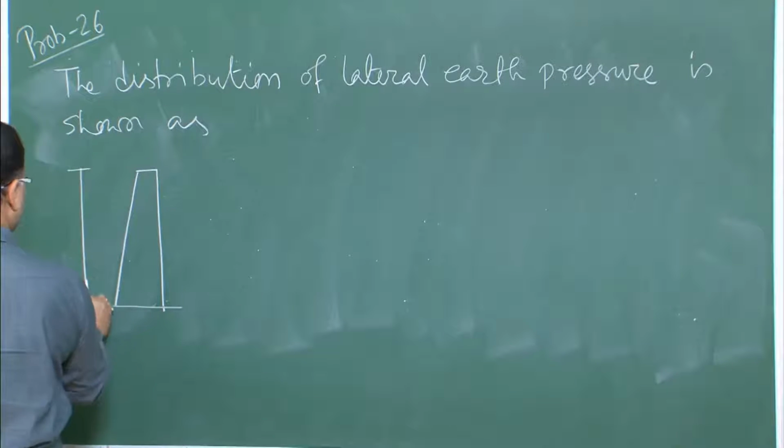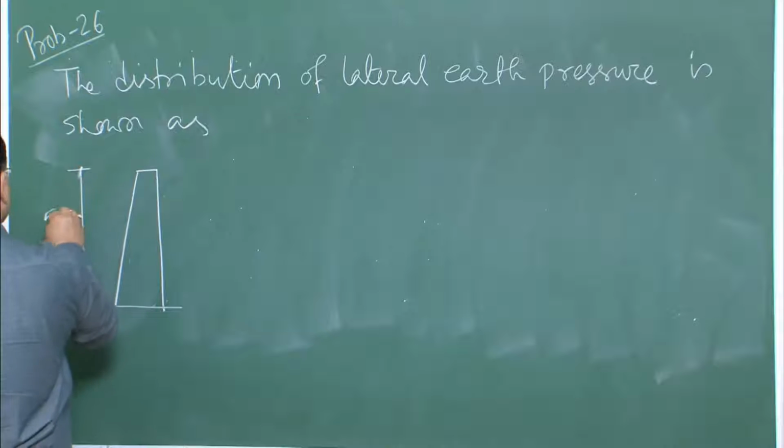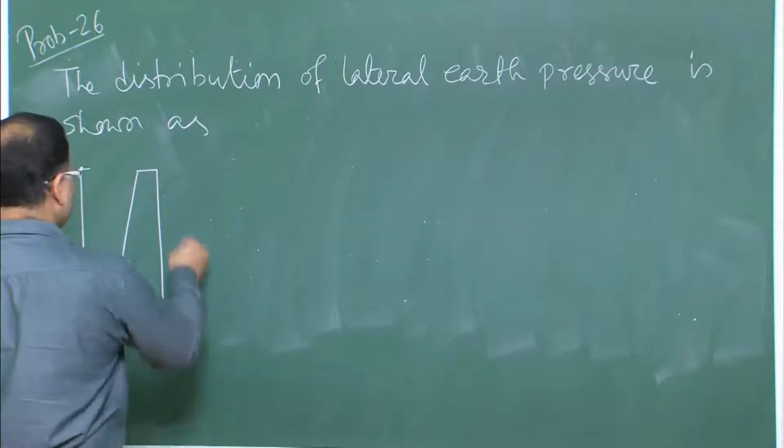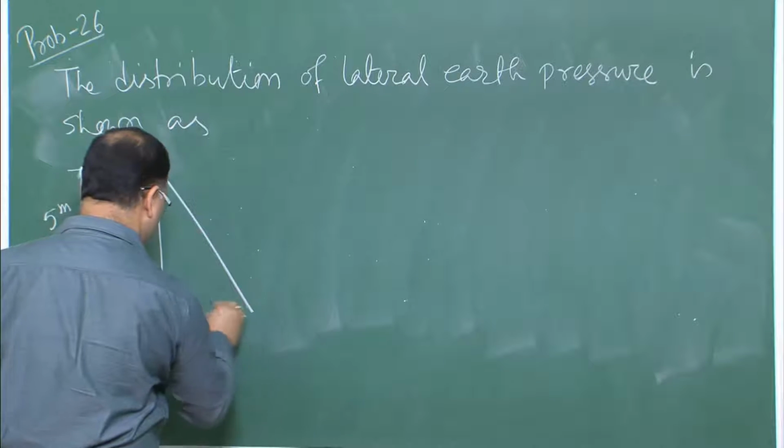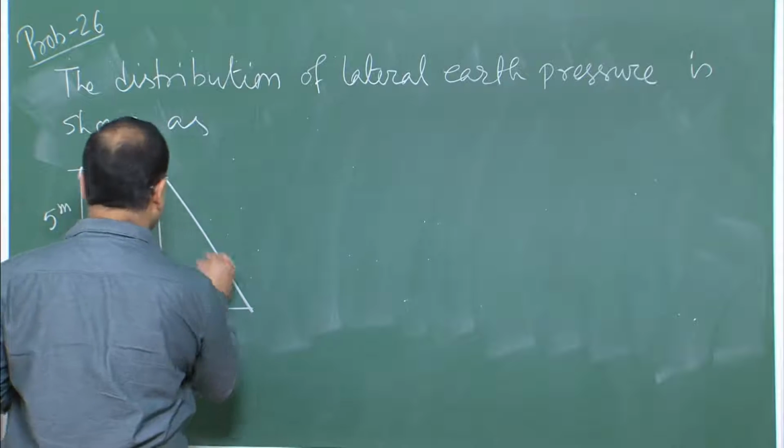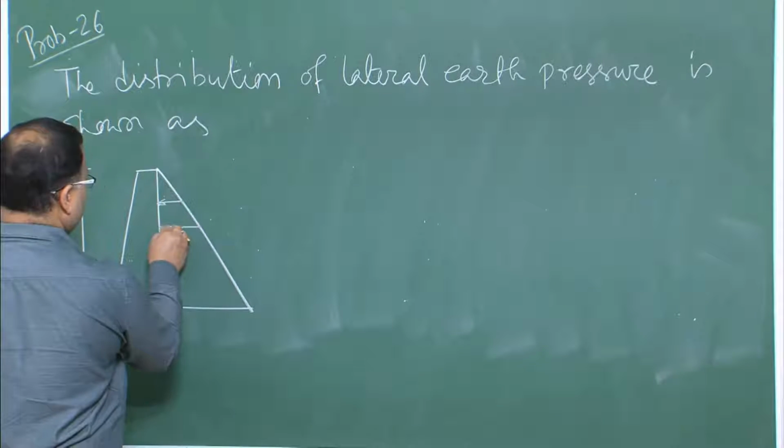The total height of the wall is say 5 meter, and your lateral earth pressure is shown here.